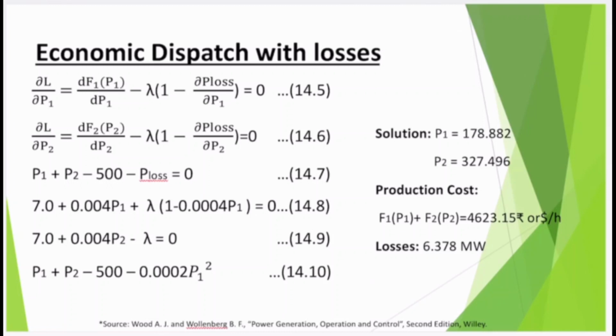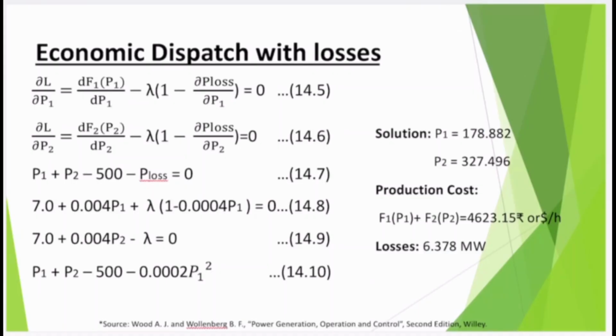When you differentiate P1 with respect to P1, this becomes 1. If you simplify, you will have equation 14.5, and similarly equations 14.6 and 14.7, which is very clear. P1 plus P2 must be 500 plus P losses. Those three equations, 14.7, 14.8 and 14.9, we need to solve.